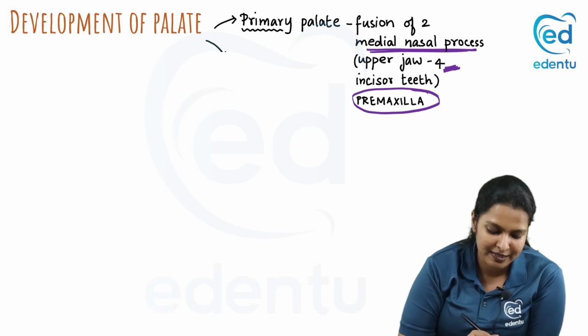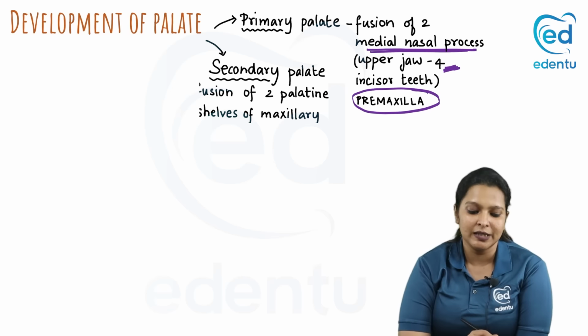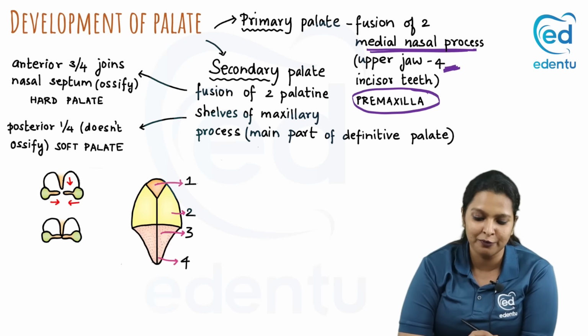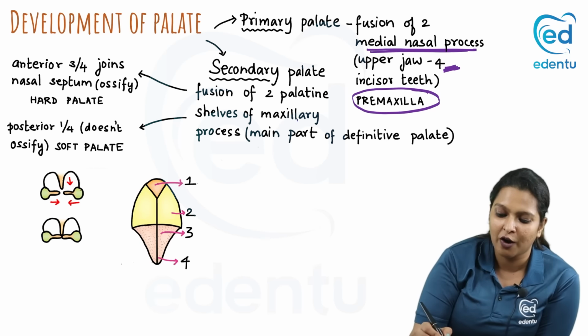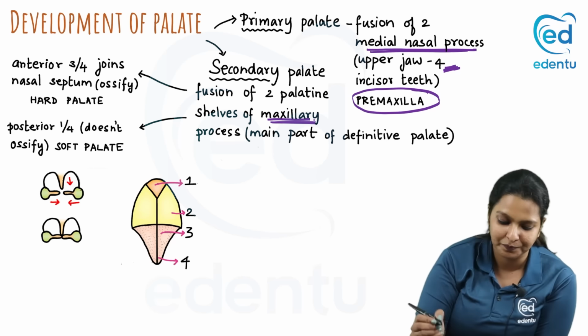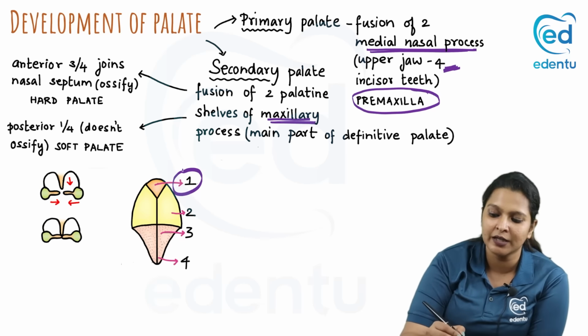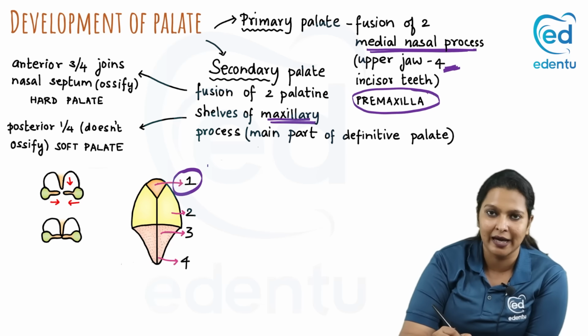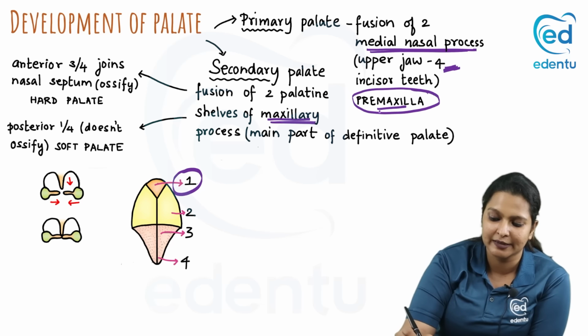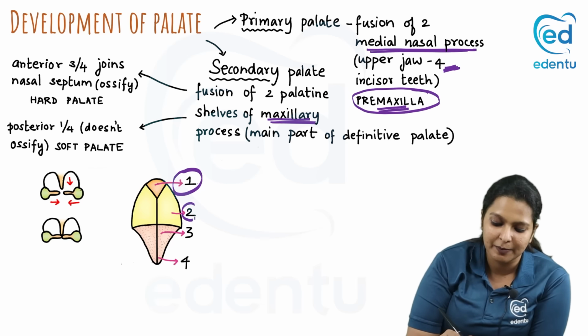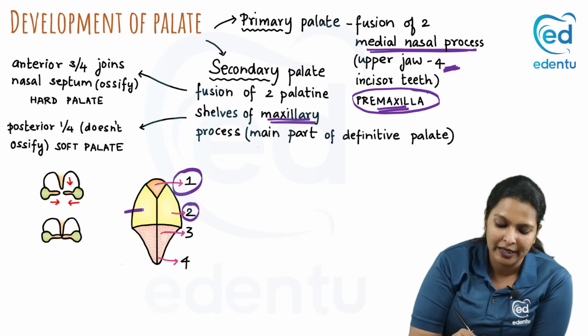And then we have the secondary palate. This is formed by the fusion of palatine shelves of the maxillary process. I'll say again, this structure labeled as 1 here is called the primary palate that forms the premaxilla. And this structure labeled as 2 on either side, this is called the palatine shelves of the maxillary process.